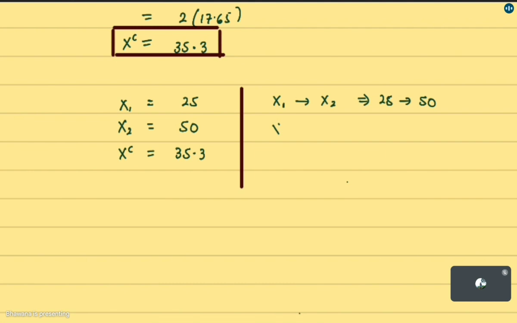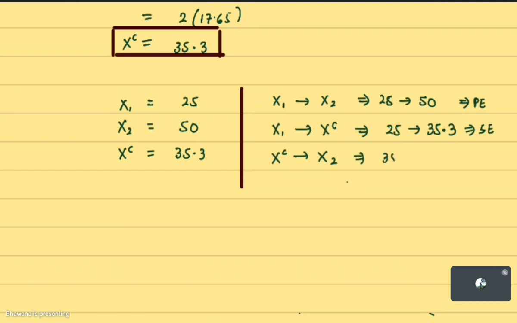Movement from x1 to xc, that is 25 to 35.3, comes under the substitution effect, and movement from xc to x2 comes under the income effect.